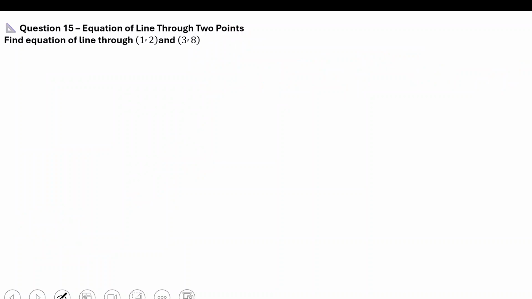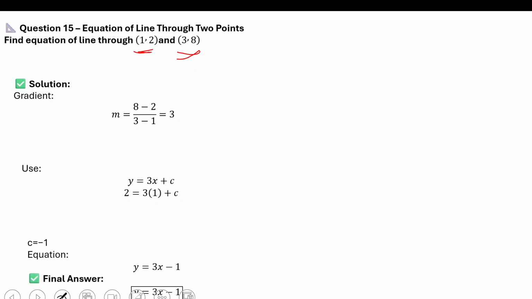Okay, the next one is the equation of a line through 2 points. Find the equation of the line through the points (1, 2) and (3, 8). For this, you find the gradient, then you use one of these points to write the equation.